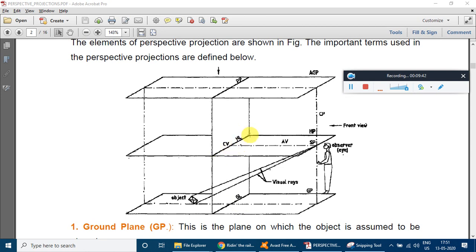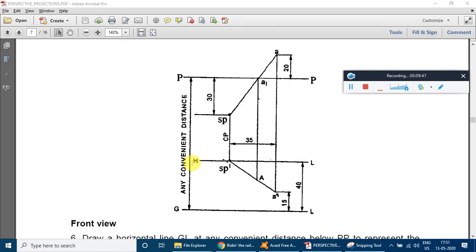Draw an imaginary line HL. Now your diagram has the picture plane PP, the ground line GL, the point A about 20 mm behind, and the point A dash, which is 15 mm above, and you will have an imaginary line HL and the station point.